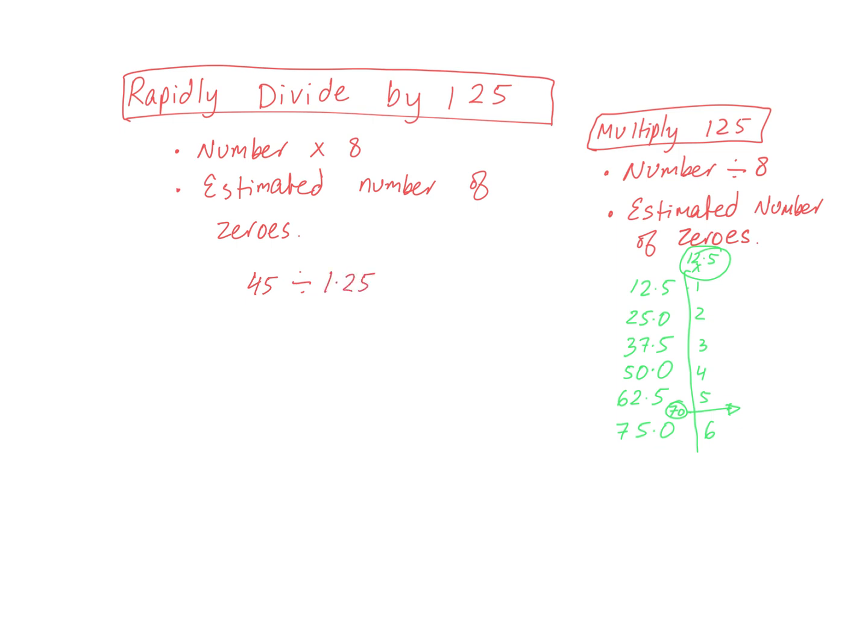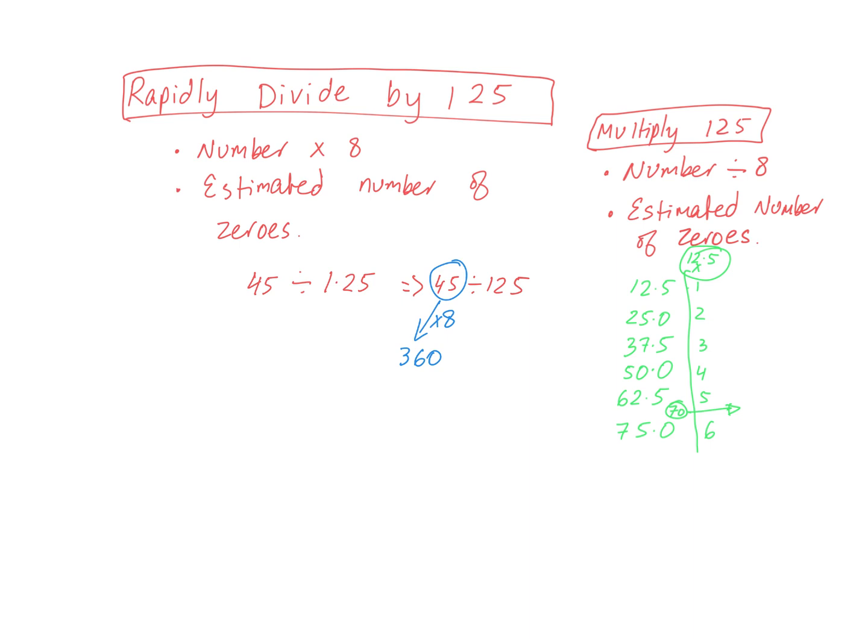So again, as I stated many times, change the question to this, and then let's multiply this by 8. So 45 times 8. If you need a calculator, you may use it. So 45 times 8 is 360.